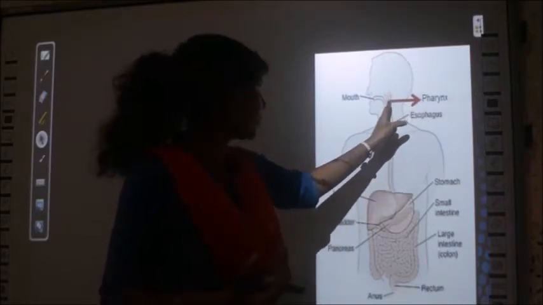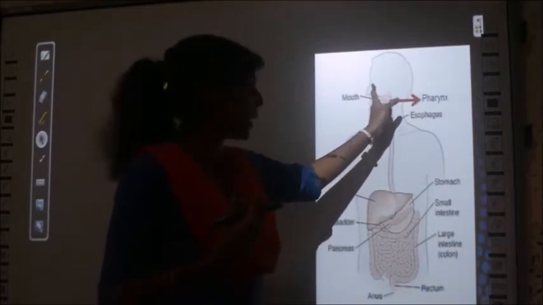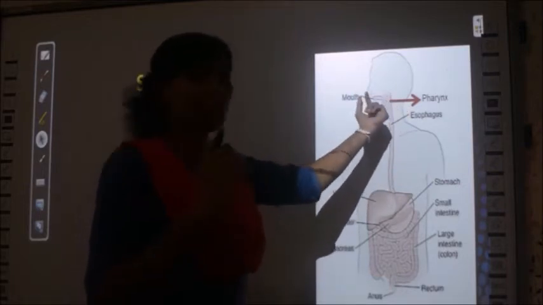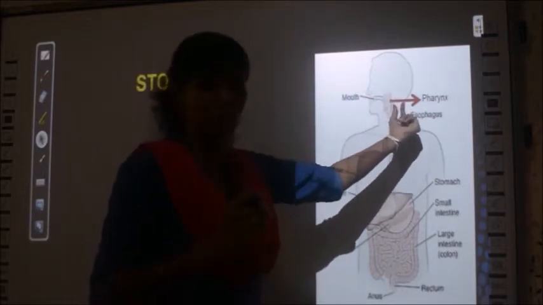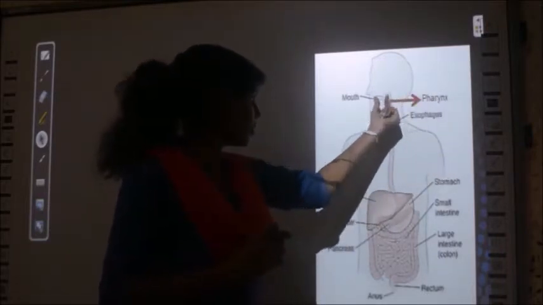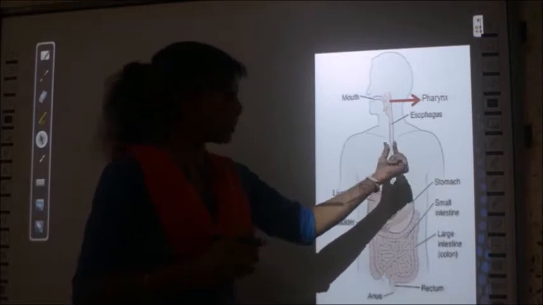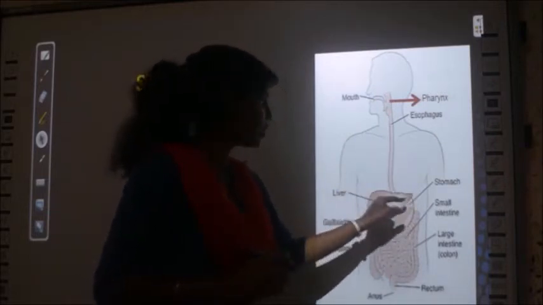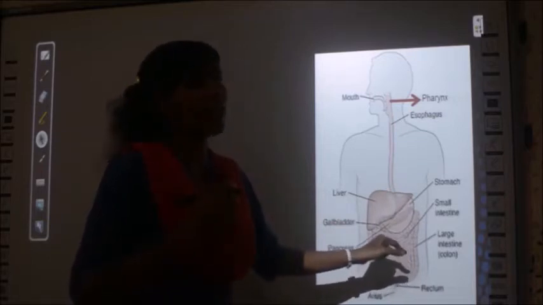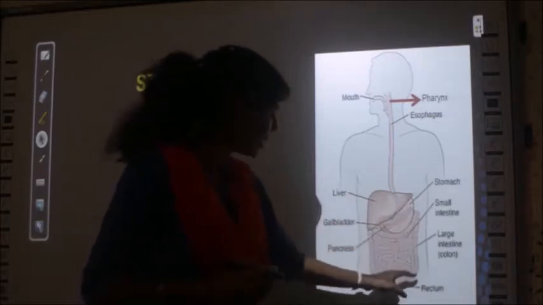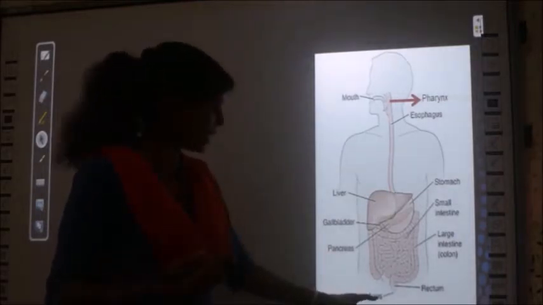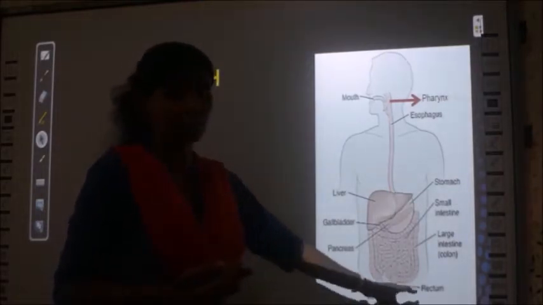The junction between the food pipe and the windpipe, that is, the tube from the nose and the tube from the mouth meet at a common junction called the pharynx, right? Then you have a long tube called the esophagus, and then it leads to the stomach. From the stomach it goes into the small intestine and large intestine, and finally the waste of the digested food is released out through the anus, through the rectum.